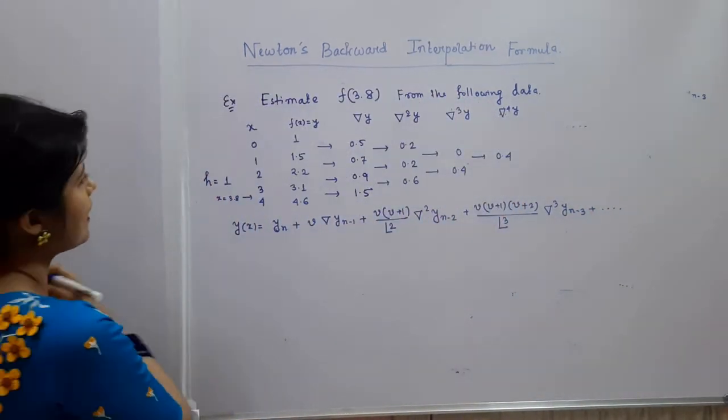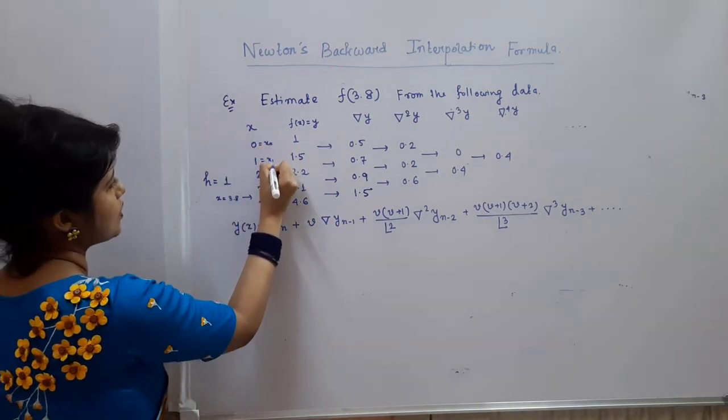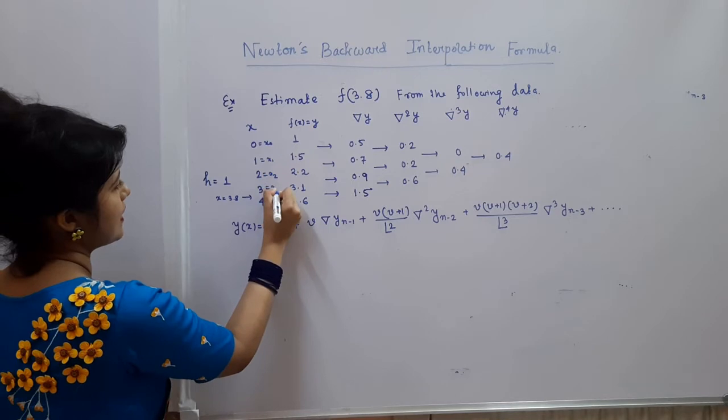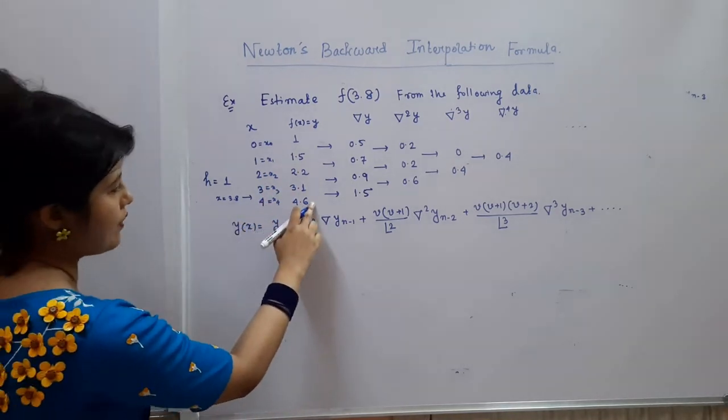Okay, now here clearly this is x0, this is x1, this is x2, this is x3 and this is x4. So yn is y4.